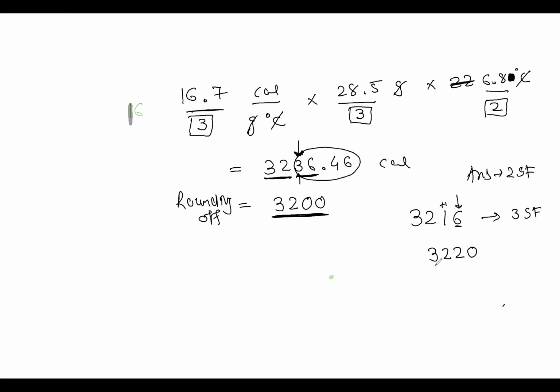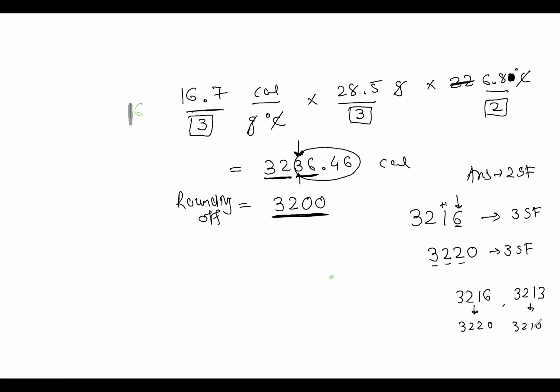This is 1, 2, and 3 significant figures. Do not write a decimal place after this. And yes, this is the right answer, three significant figures. Why is that? Because this is 3216, and if you round it off, the closest you can get is 3220. For example, if you have 3213 and you want to round it off, it should be 3210.